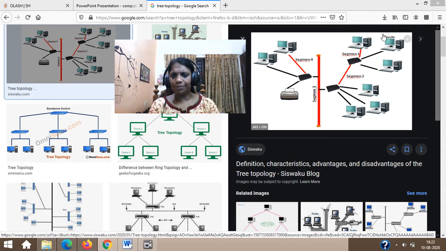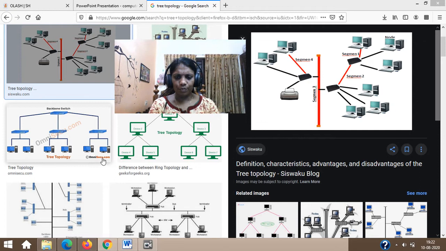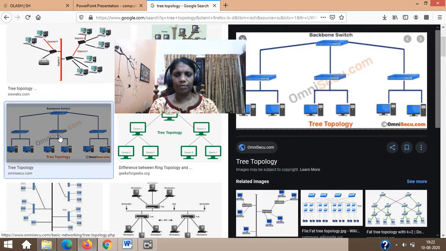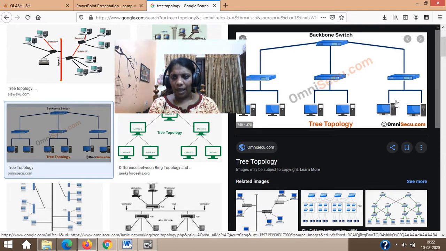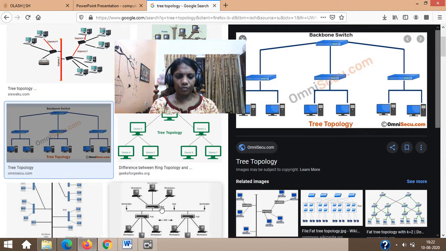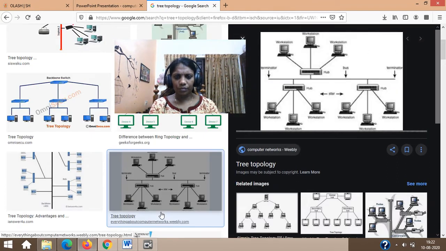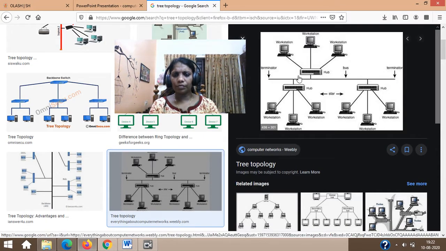See, this is a LAN, this is another LAN, this is another LAN connected towards a big one. Or to put that in a better framed style of a tree. See, LAN, another LAN connected with the backbone switch.